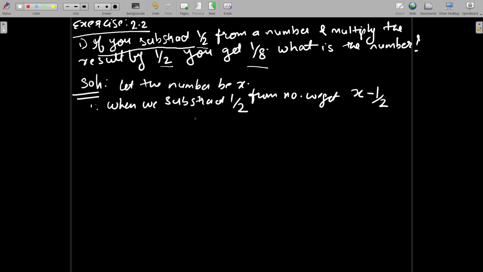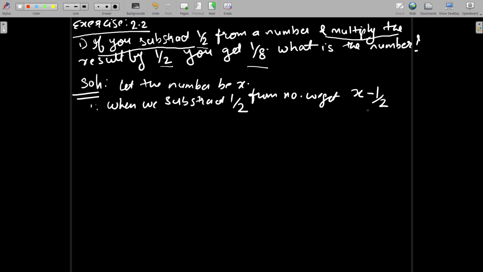And in the second part of the question, it is saying multiply the result by half. Now see, when we solve this equation, we will get the result.